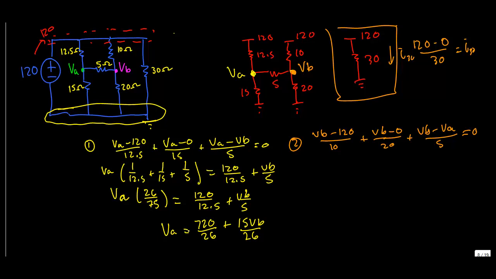Alright, so basically with that, we just take this and simplify it as well. In terms of VA, we'll leave VA to the right, so we have, let me write this in orange, VB, and then we'll factor out 1/10 plus 1/20 plus 1/5, and then we got minus some sort of VA over 5, so minus 1/5 times VA, which is 720 over 26 plus 15 VB over 26.